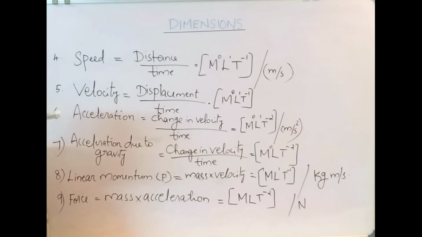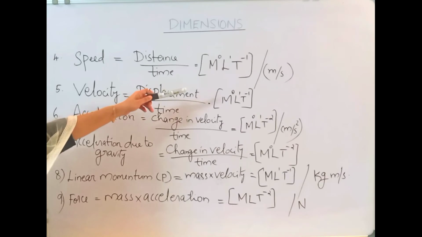Is it clear? Now can we move to the next question? Here we have velocity. What is the equation for finding velocity? It is displacement by time. What is displacement? It is the length, isn't it? So length by time, L by T, that is M⁰ L T raised to minus 1.